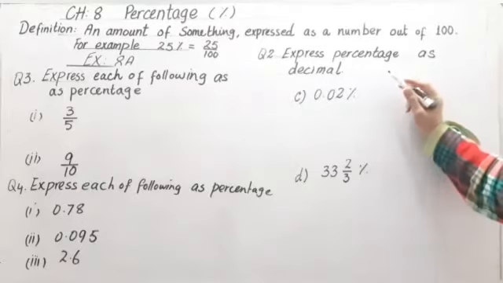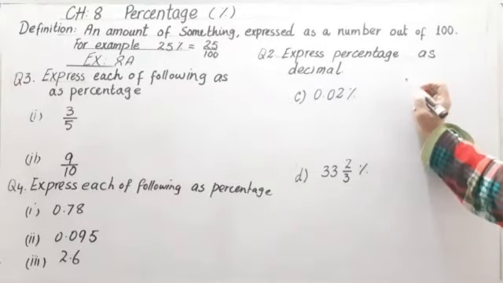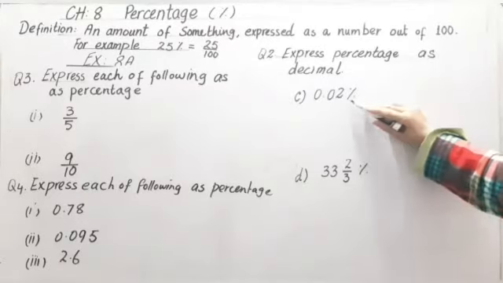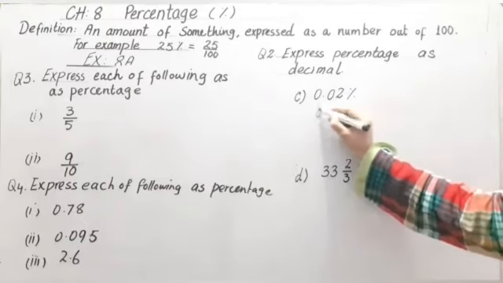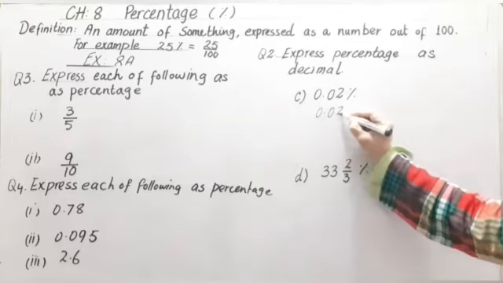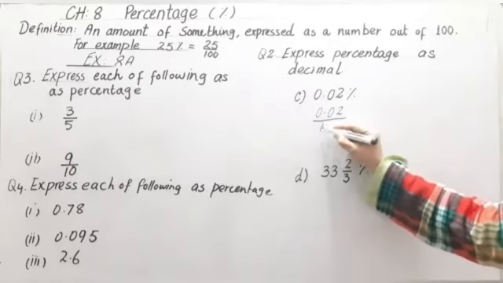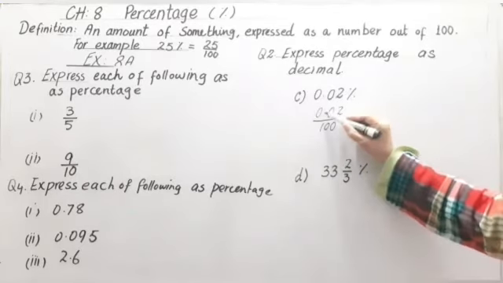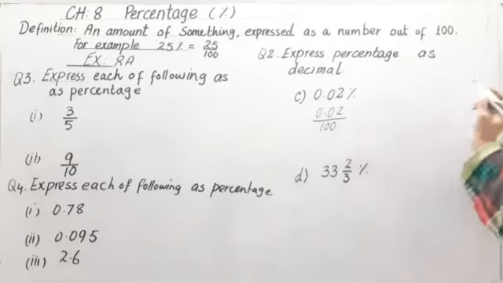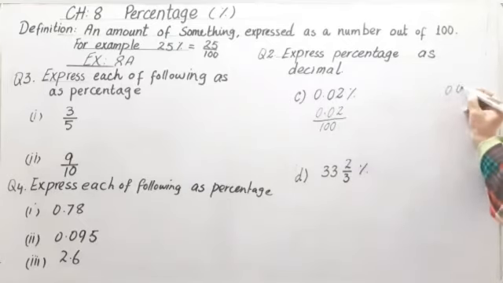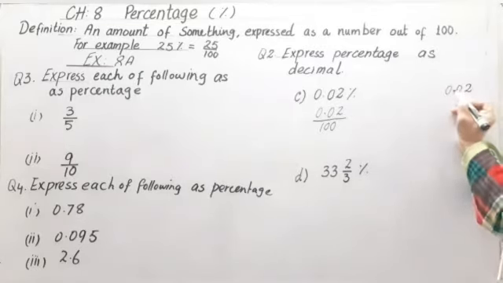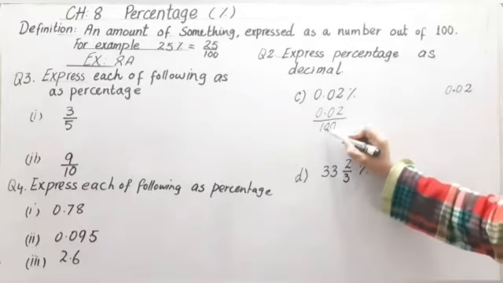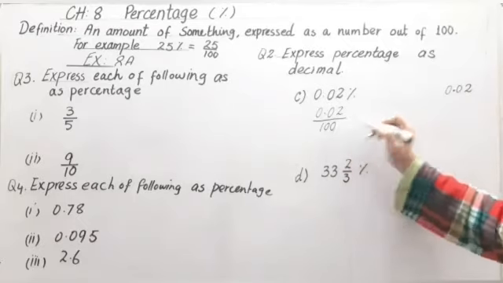Question number 2, express each percentage as decimal. In this question we just remove the percentage sign and put it as 0.02 divided by 100. Our point is here, no need to remove it. We write 0.02 in our rough work and move this decimal as many places as we have zeros.